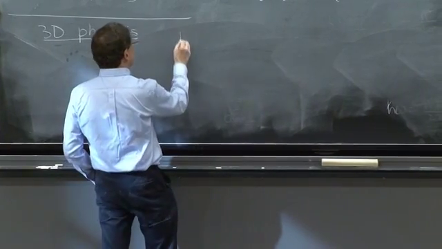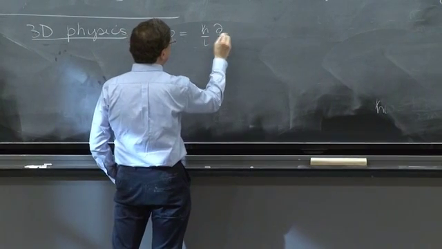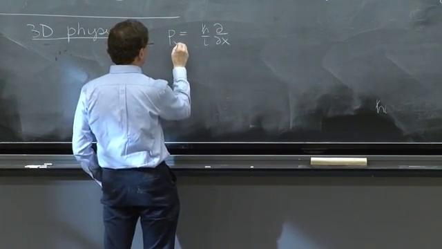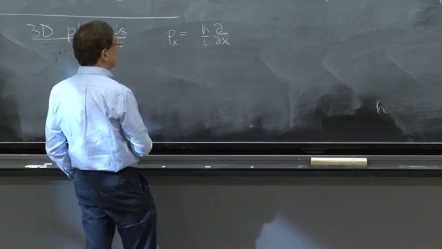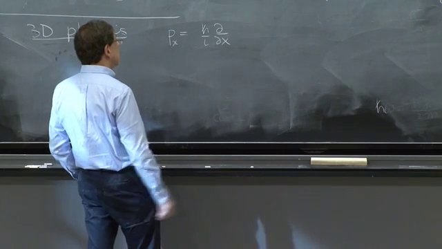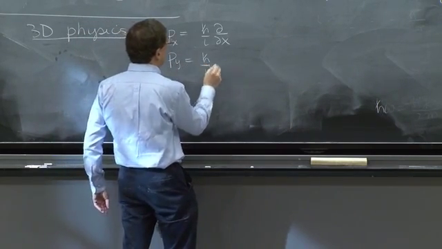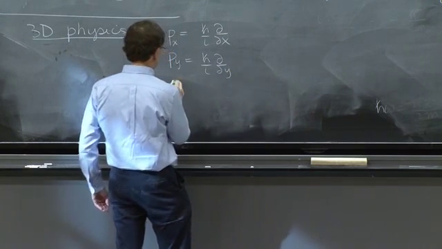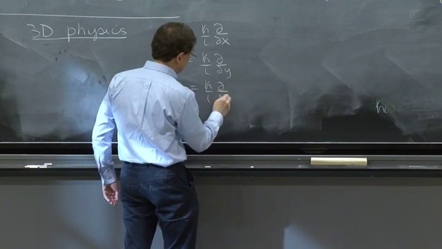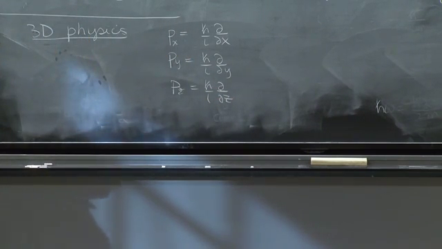So what did we have with this thing? Well, we had p equal h bar over i d/dx. But in 3 dimensions, that should be the momentum along the x direction. We wrote waves like that with momentum along the x direction. And p_y should be h bar over i d/dy, and p_z should be h bar over i d/dz. Momentum in the x, y, and z direction.